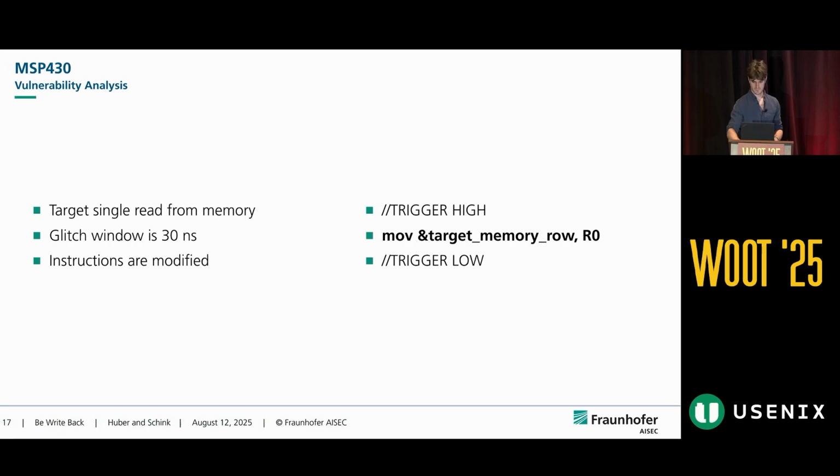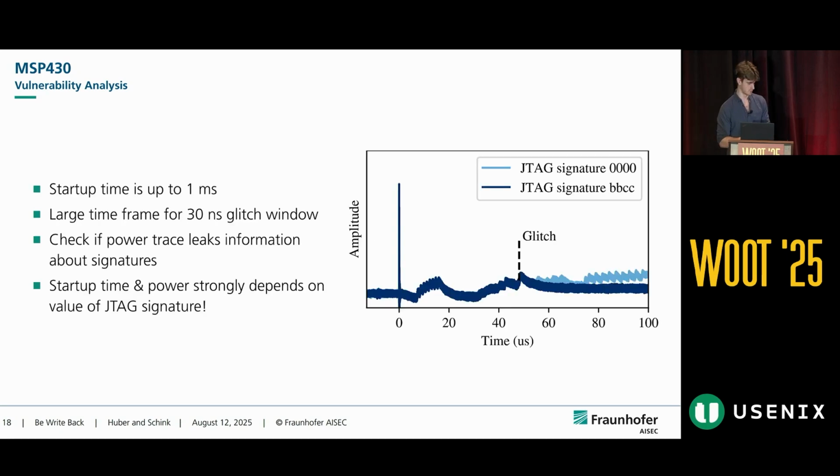All right, now that we have the timing, we can go further to the actual unlock. Our target is the readout of the JTAG signature during the start of the microcontroller. The microcontroller requires up to 1 millisecond to start, and that's a rather large time frame for a 30 nanosecond glitch window.